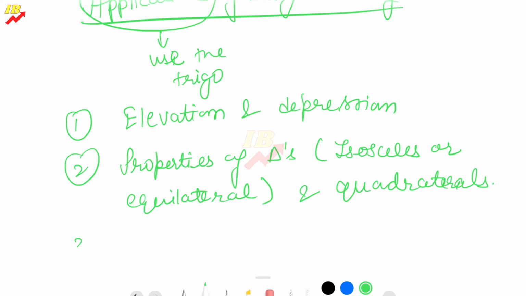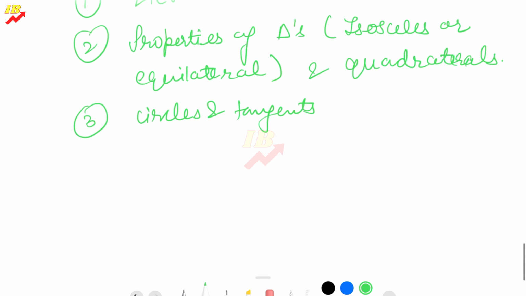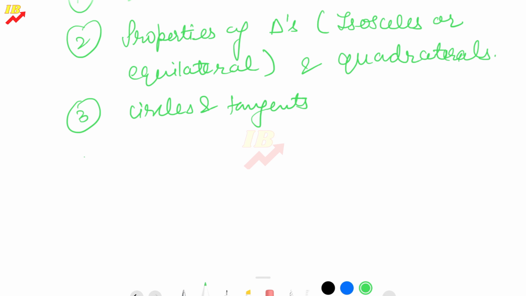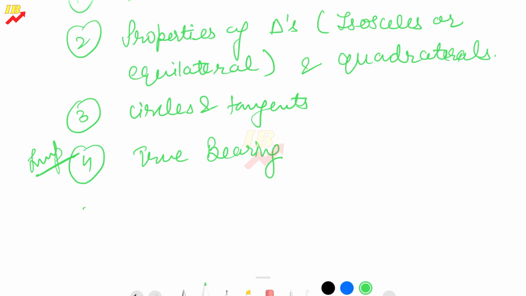Third thing is circles and tangents. There are many parts where we can easily use trigonometry to find real and quick solutions. Next is true bearing. True bearing is going to be a very important part of your syllabus. Fifth could be three-dimensional shapes.